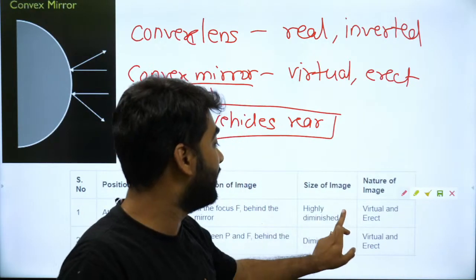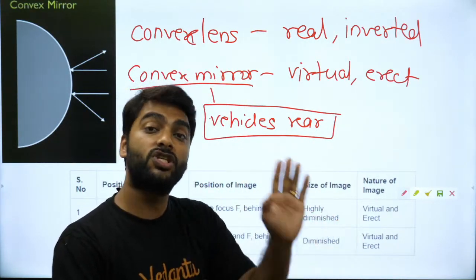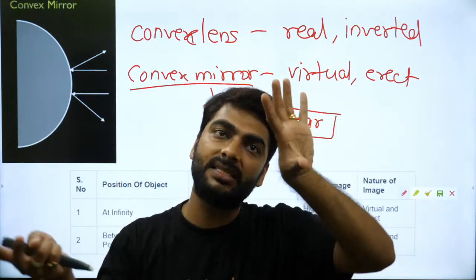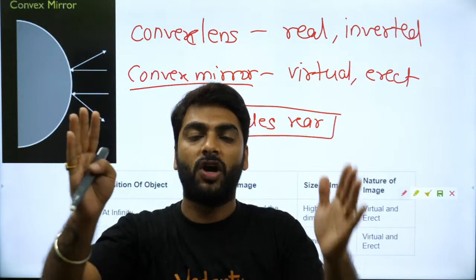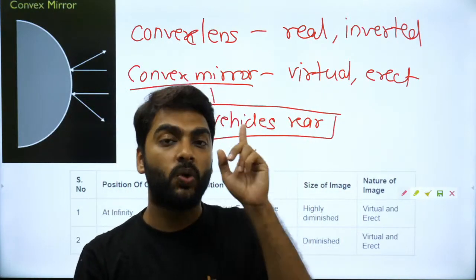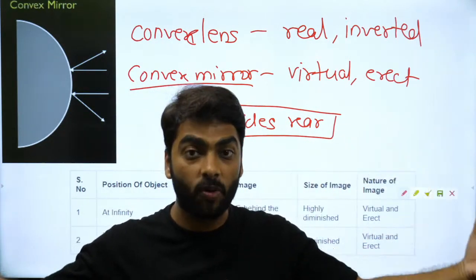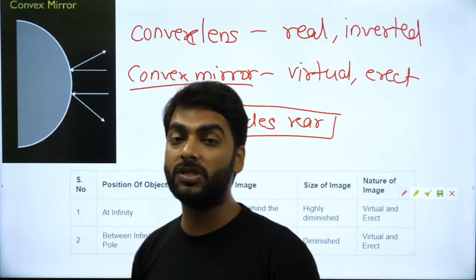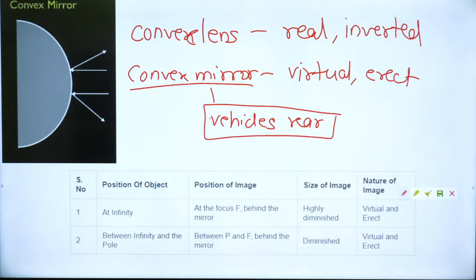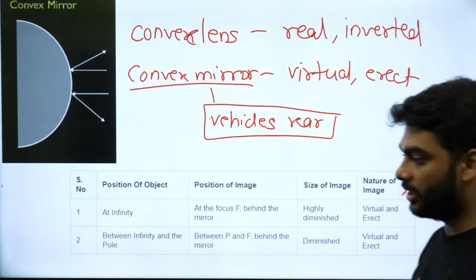And that is why you need a diminished image which is virtual and straight. You can't see the road up and vehicles down, right? You can't see ulta. You have to see straight. So you have to use a mirror which can accommodate the entire road in that small mirror. And that is why you will use a convex mirror in the vehicles, right? In the vehicles. Okay?